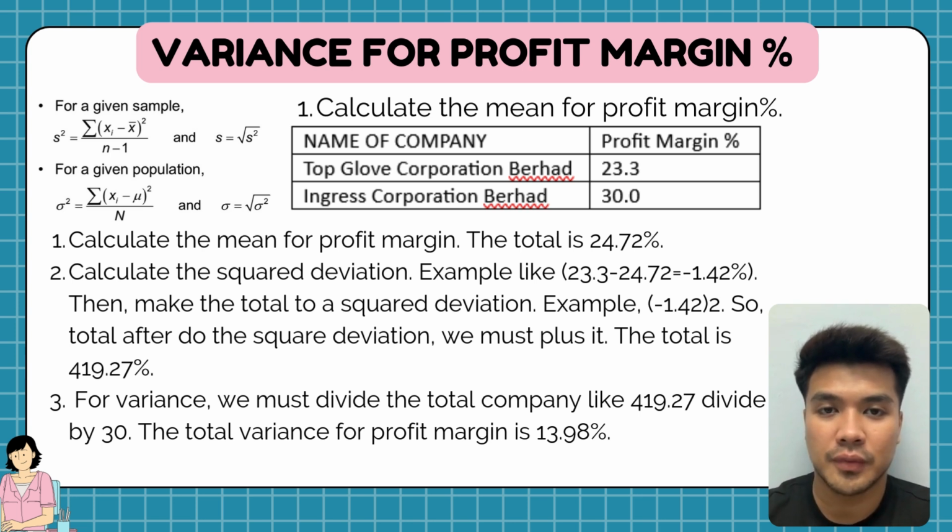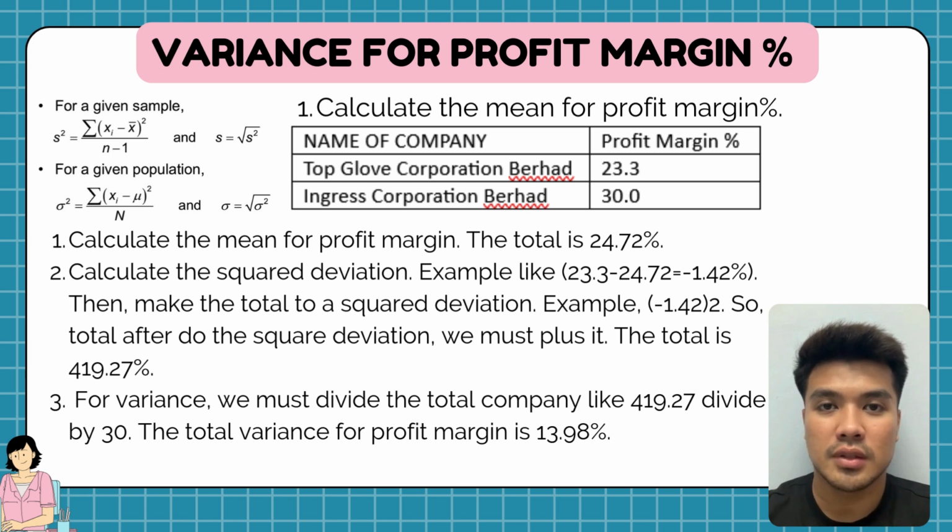Variance for profit margin. To calculate the profit margin, the calculation is the same as the variance for production cost. Firstly, find the mean. The mean for profit margin is 24.72%. Secondly, the square deviation is negative 1.42. I got this from the calculation of 23.3 minus 24.72. After that, do the same square deviation and sum them all.